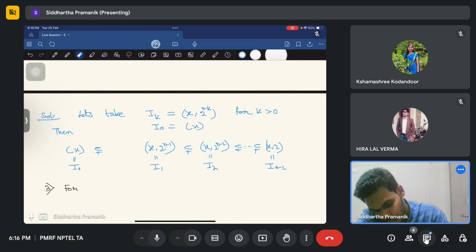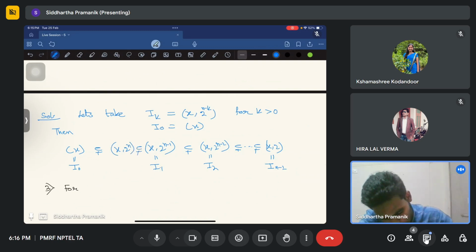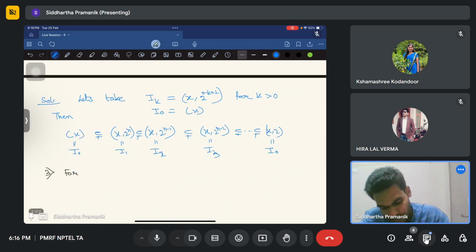So I think here you need to take (x, 2^n). So this is I2 and this is I3, this is I1, and here you need to take, if you put 1, then you need plus 1.